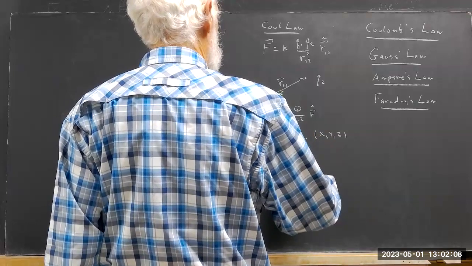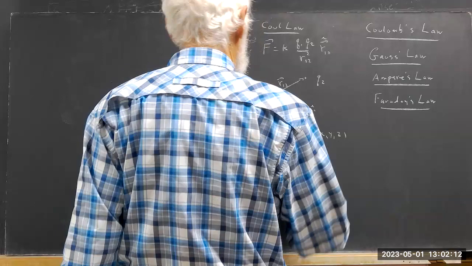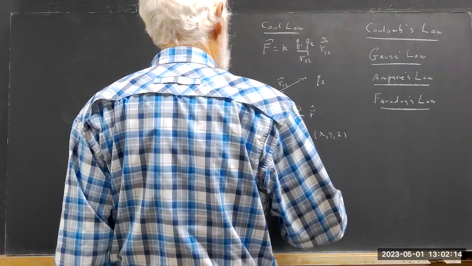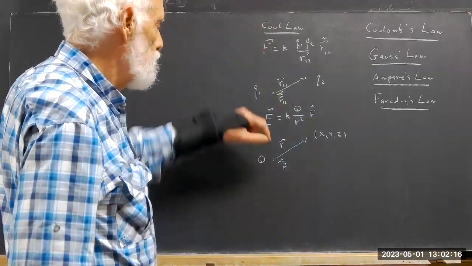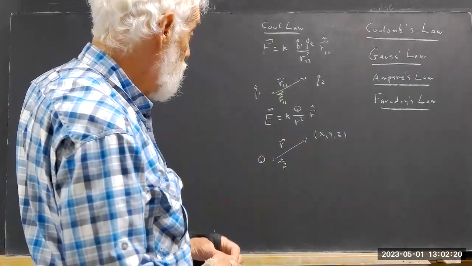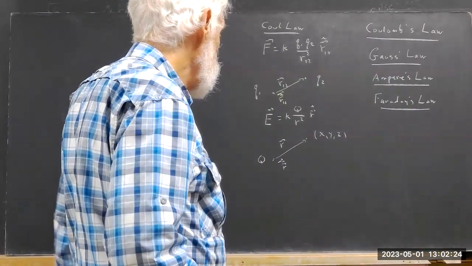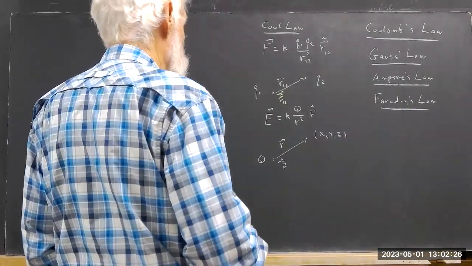Here's your R there, and here's your unit vector R hat, which is just, of course, R divided by its magnitude. Everybody's very familiar with that. And that gives you an electric field.